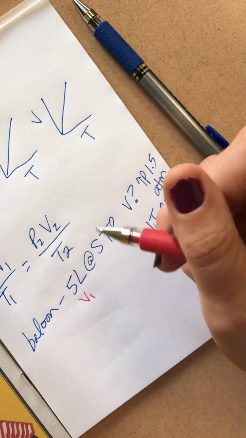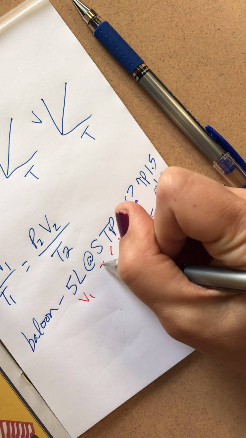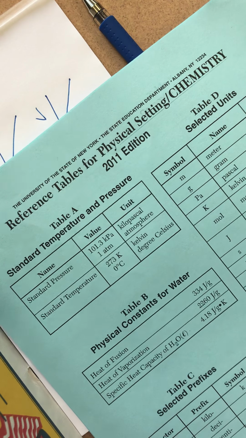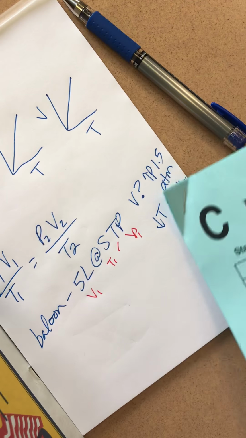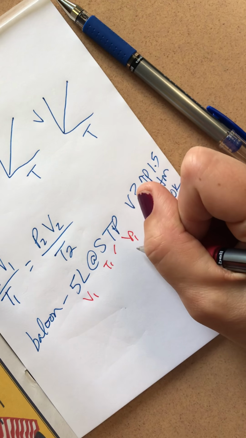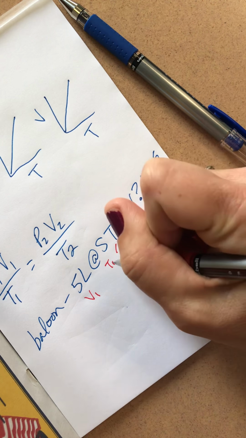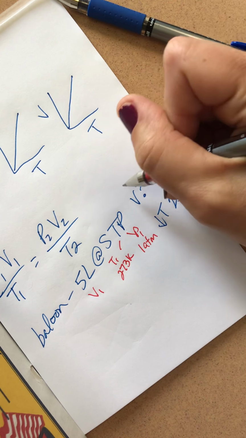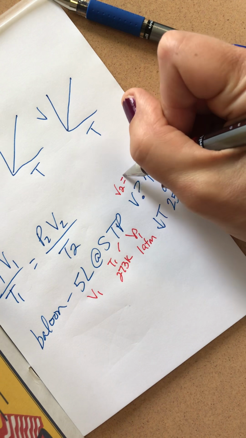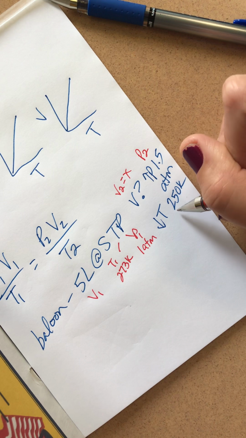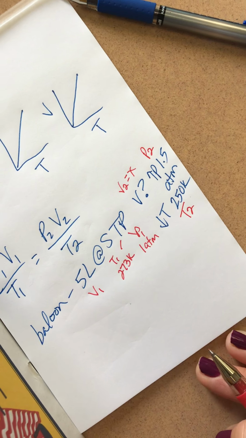So here's V1, T1 and P1. I have to use my reference tables. So I go here on the reference tables to table A, and I want to use ATMs because I know that later on they used ATMs for pressure. So standard pressure is 1 atmosphere and standard temperature is 273 K. All right, and then V2 is what I'm solving for, so that's my X. My second pressure is 1.5 and my second temperature is 250.